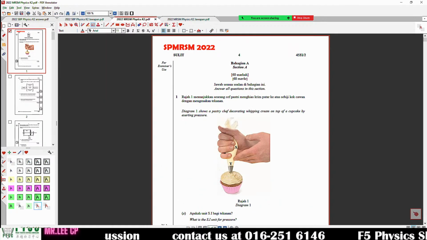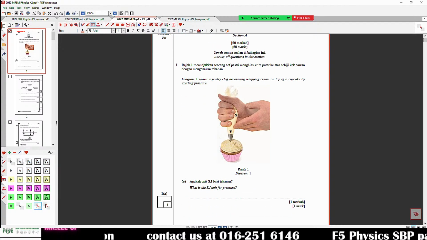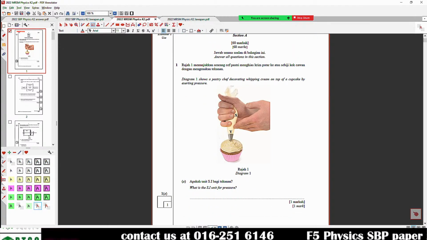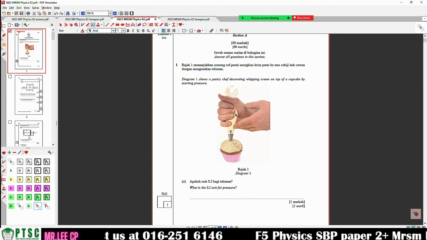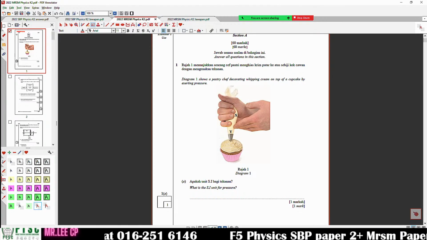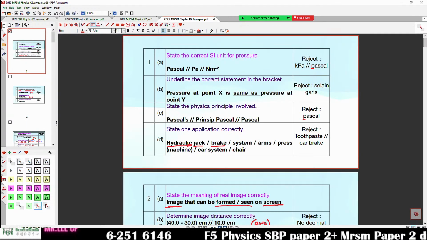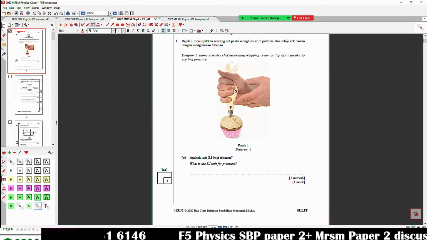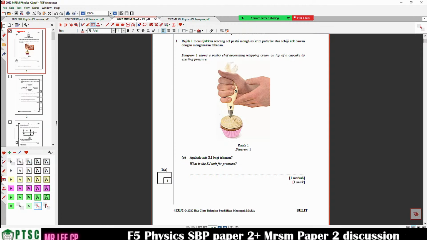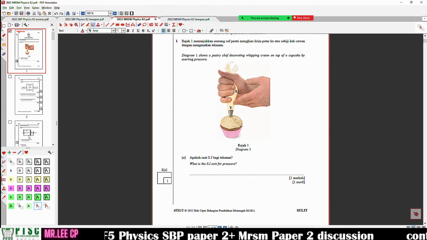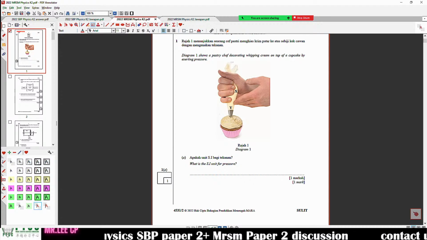Okay, now the next one. I want to do the MRSM paper, and the MRSM paper is marked very strictly, so you have to be more careful. Yesterday if you followed, then you know. What is the SI unit for pressure?